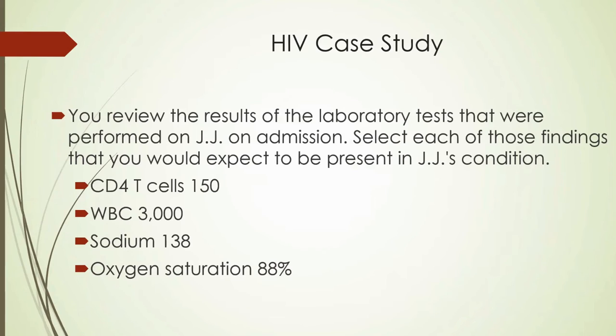How about her white blood cells 3000? It should be elevated, but in some cases, especially with immunodeficiency, it may not be. Yep, and white blood cells can drop with HIV because it's an immunodeficiency virus.